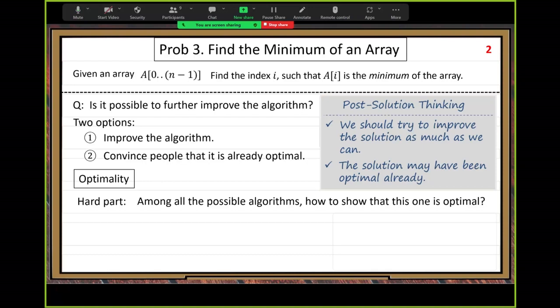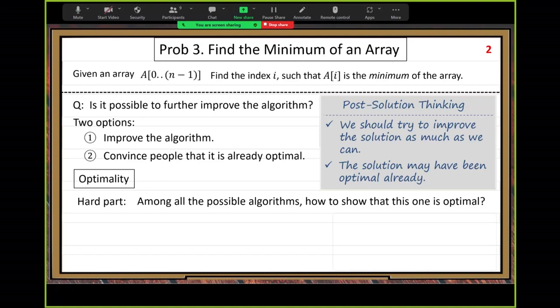If you miss even one possible algorithm, you may miss the best one. Logically, you may miss the best one if you couldn't cover all possible such algorithms. So we need to cover all the possible algorithms and show that this one is optimal.